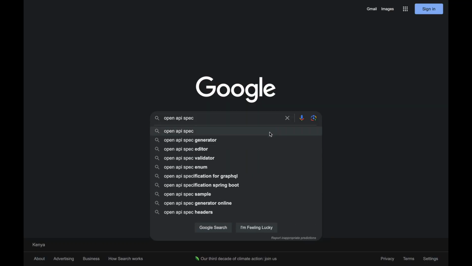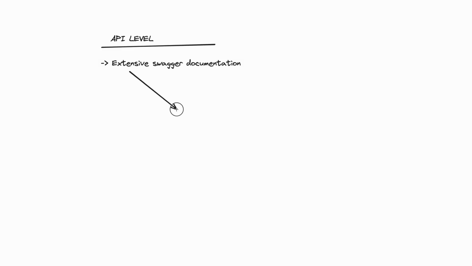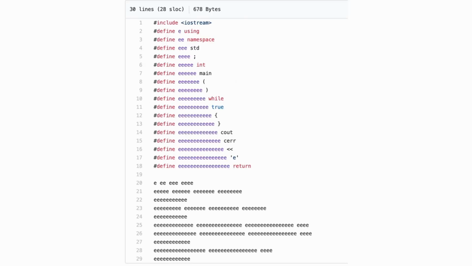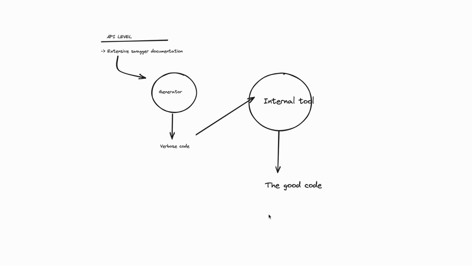The OpenAPI spec is then taken through an initial SDK generation process, which essentially generates verbose SDK code that isn't really human-friendly. Stripe then has an internal codegen tool that is able to pass the initially generated SDK code into more developer-friendlier code.